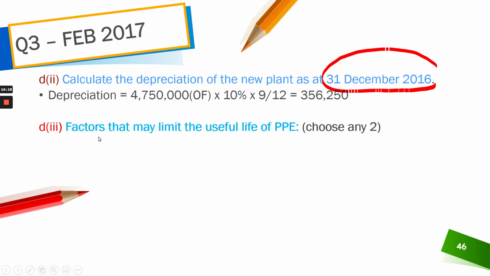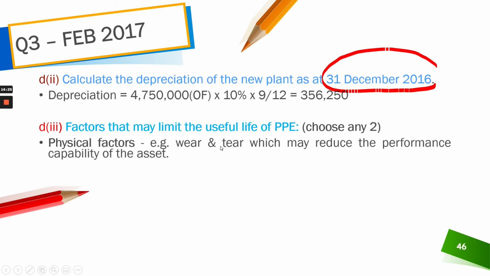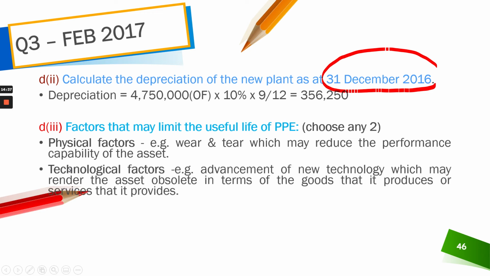According to the question, you are also asked to list down the factors that may limit the useful life. These are physical factors: the more you use the asset physically, the faster its wear and tear. Technological factors: the more advanced a technology is, the more quickly the asset will become obsolete, because other assets will replace other models and technology.